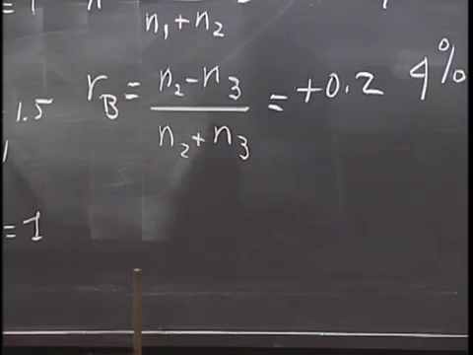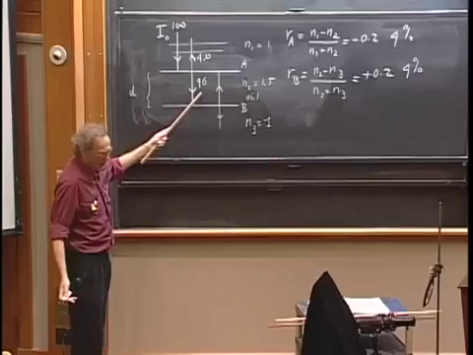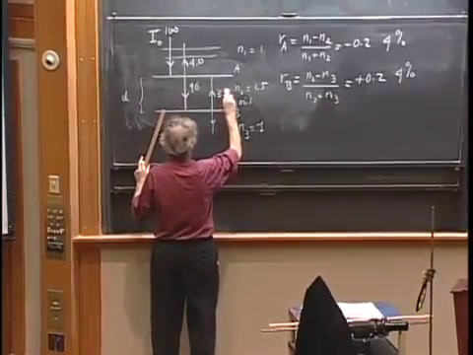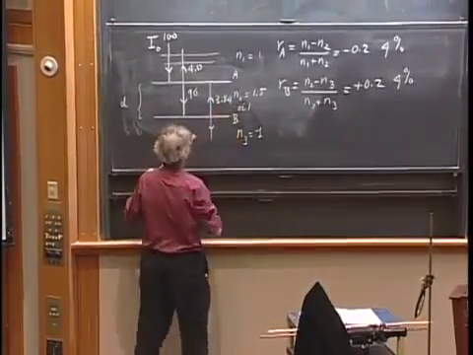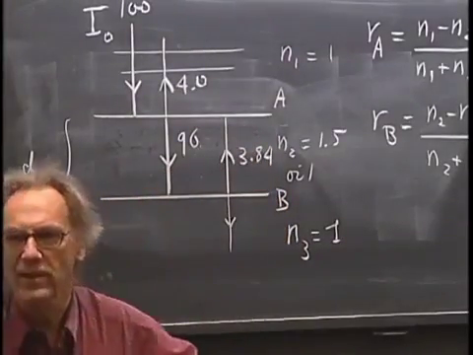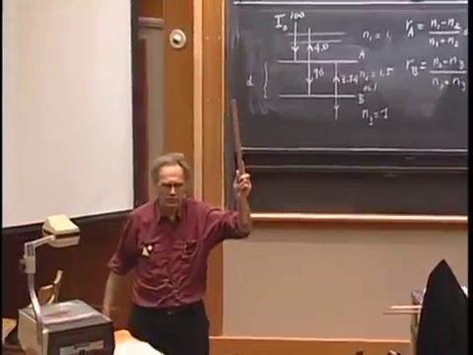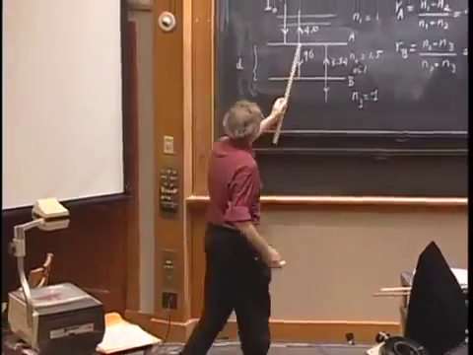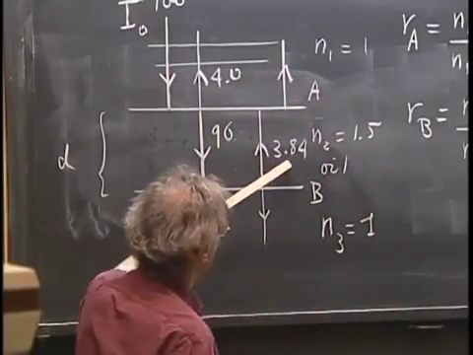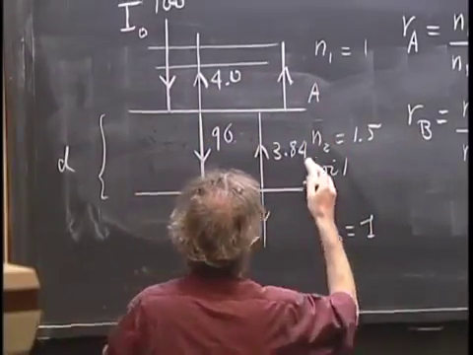However, it is 4% of the 96%, because only 96% go through. And 4% of 96% is 3.84. When it reaches this surface here, again 4% will be reflected, and 96% will go through. So what comes out here then ultimately is 96% of this number, which is 3.7.